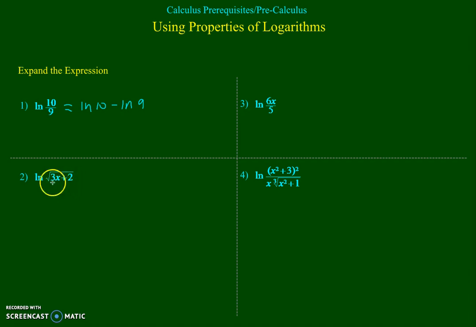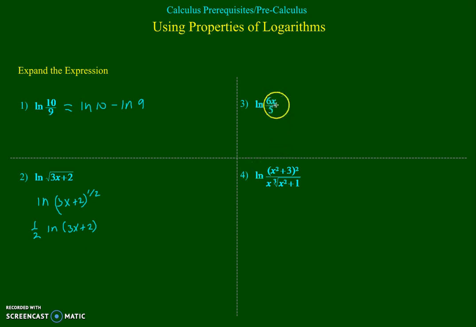So we're going to convert this to a rational exponent, just like we did a couple of steps ago. And this is going to be natural log of 3x plus 2 to the 1/2. Now the power rule states then that this becomes 1/2 ln of 3x plus 2.